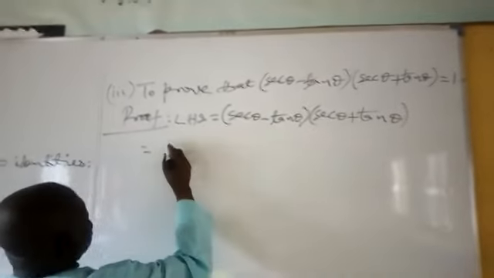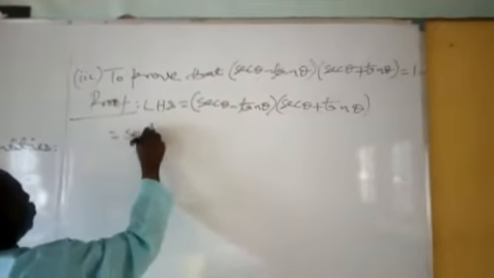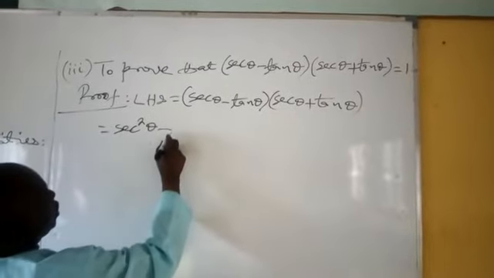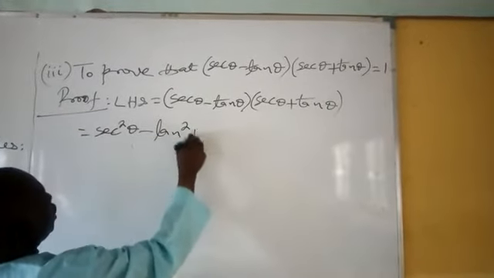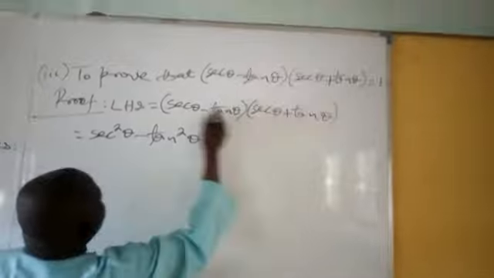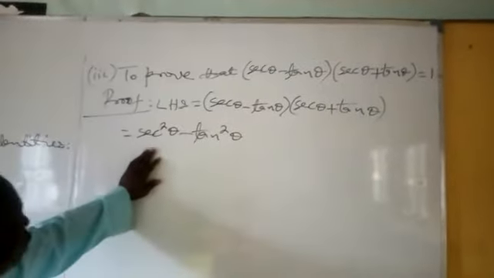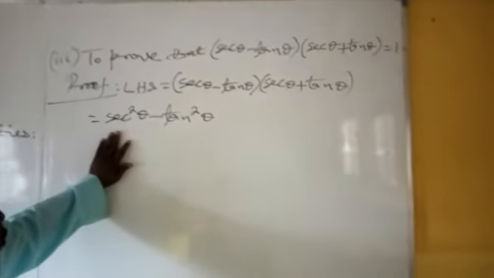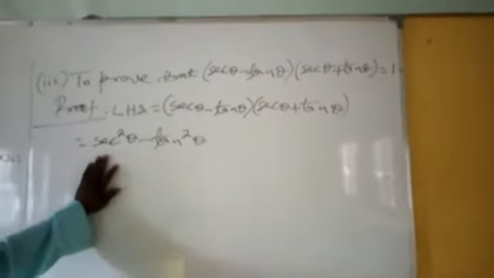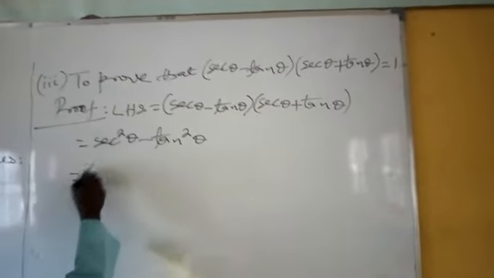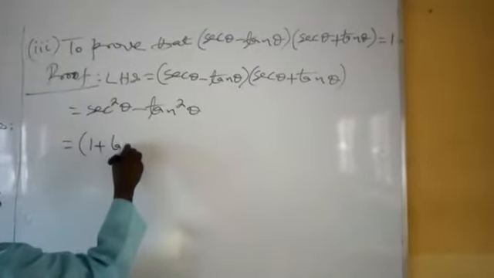If we open the bracket and expand, this will be sec theta times sec theta, which is sec square theta, minus tan square theta. But what is sec square theta? We do know what sec square theta is. Sec square theta is equal to, I replace this sec square theta with 1 plus tan square theta.